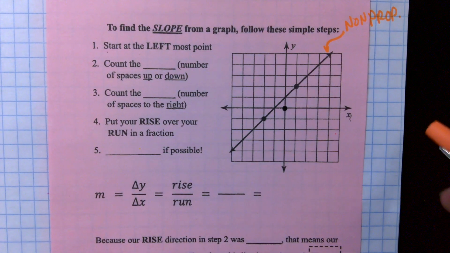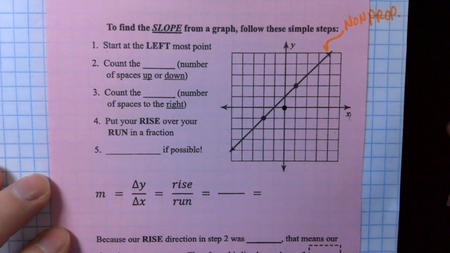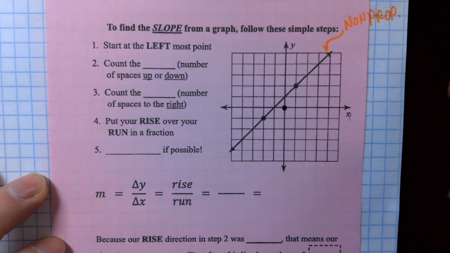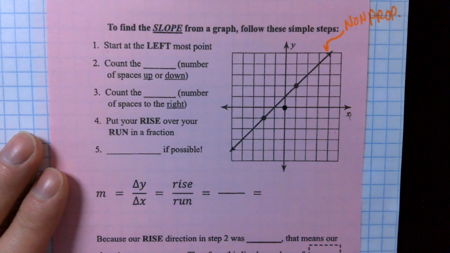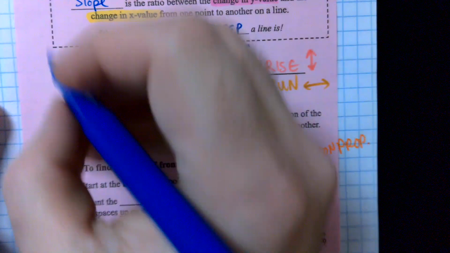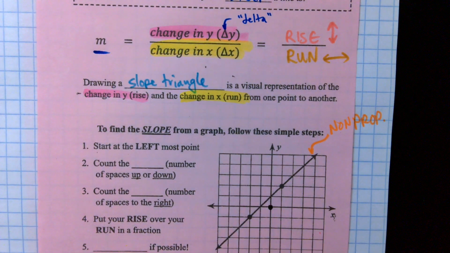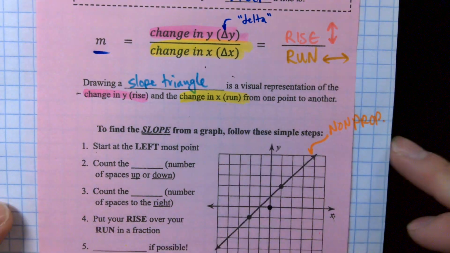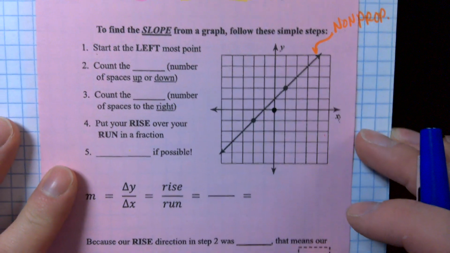This may be a straight line, but it doesn't go through the origin, so it's not proportional. Right? So we're not going to find k, we're going to find the slope, which goes by the letter m. I don't know why it doesn't go by s, but slope for some reason is m. Probably has something to do with Latin or Greek or something like that.